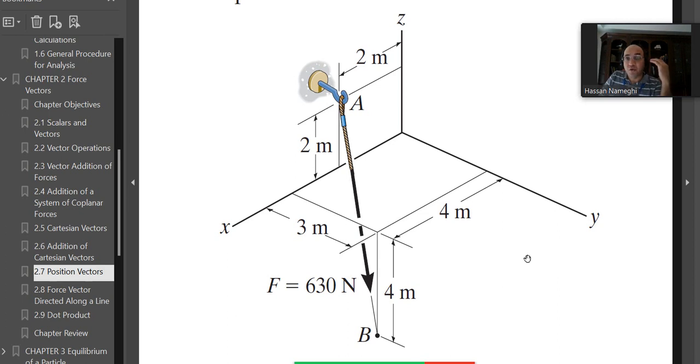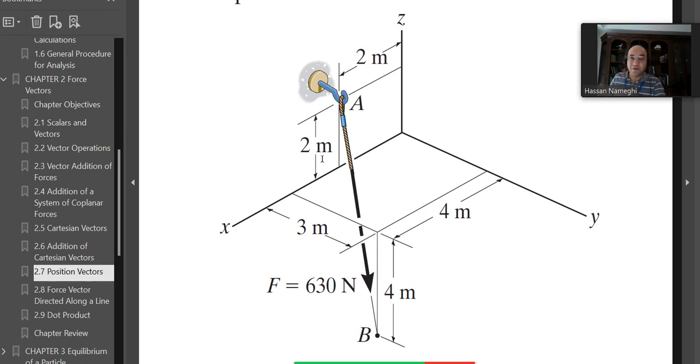The point A is on the XZ wall. Right? So what is 0? Okay, the y is 0. Okay, that's good. And the z is 2. Perfect. So we got 2, 0, 2.